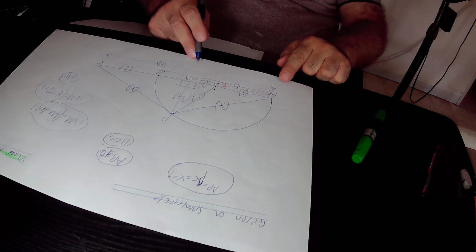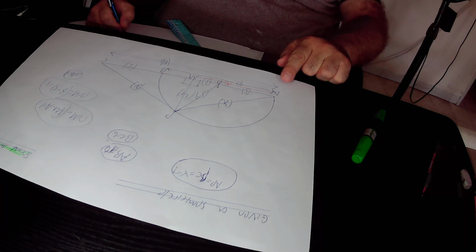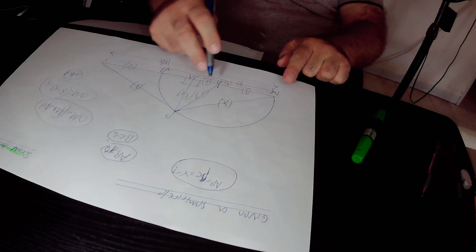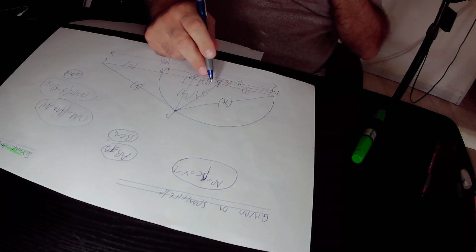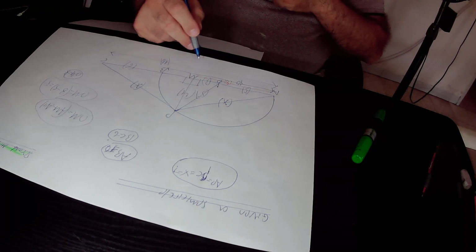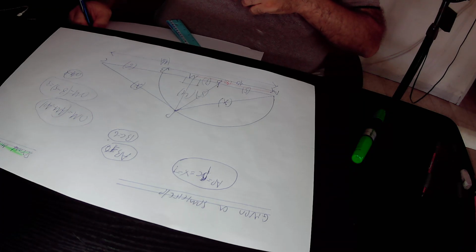Side AM of the right triangle APM equals 8 units in its length. The hypotenuse AP equals X, that is the line segment that we are looking for in this question. And side PM equals 4 units in its length.